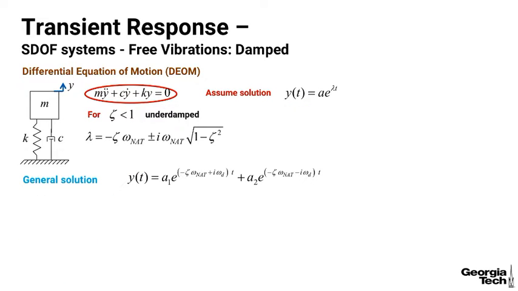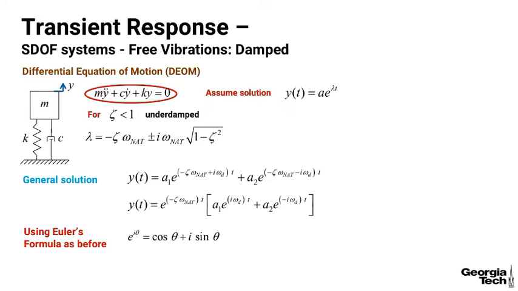Okay, so here's the general solution again. I've just collected terms here. I've taken the e to the minus zeta omega natural t out and multiplied the remainder for both terms inside the parentheses, inside the brackets.